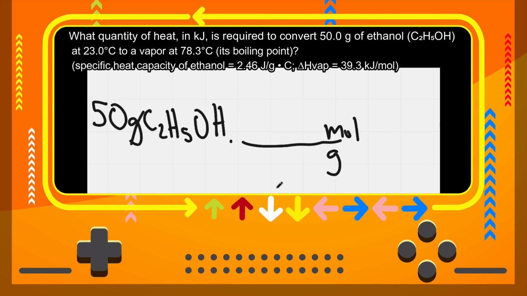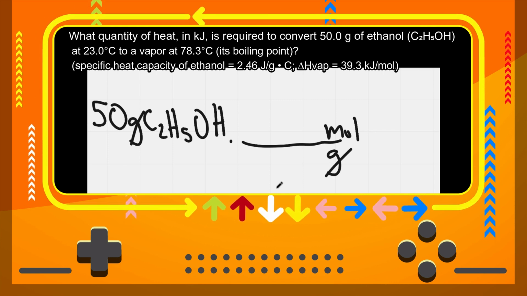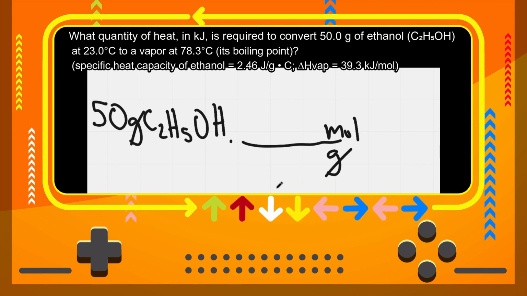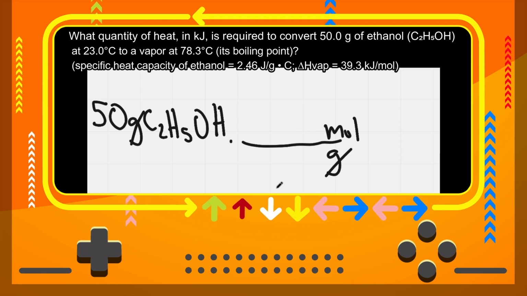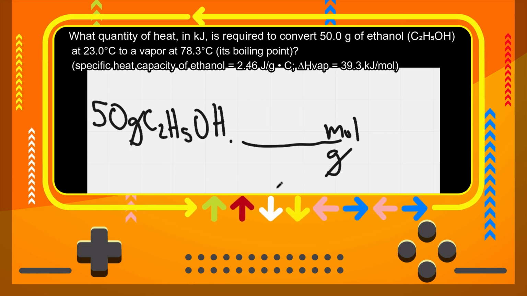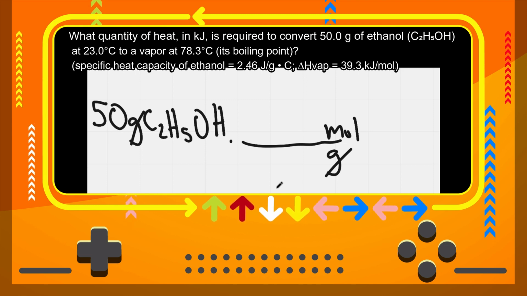My grams cancel out. What am I left with? Moles. And now let's worry about the numbers. We're going to use a molar mass step to convert grams to moles. The molar mass tells me that I have a certain amount of grams for every 1 mole.